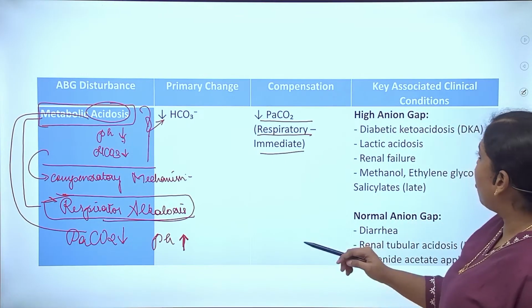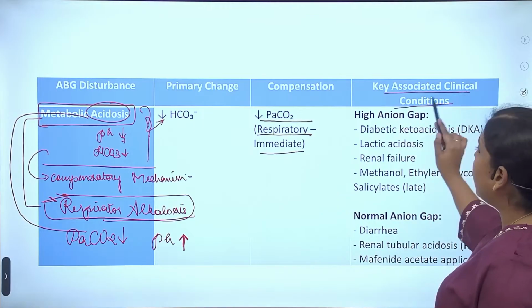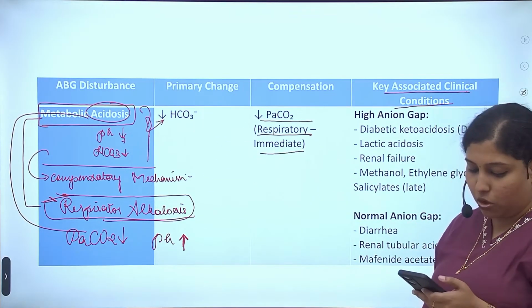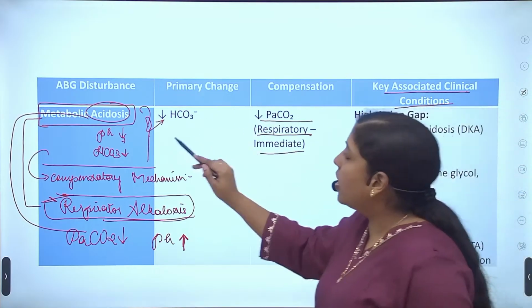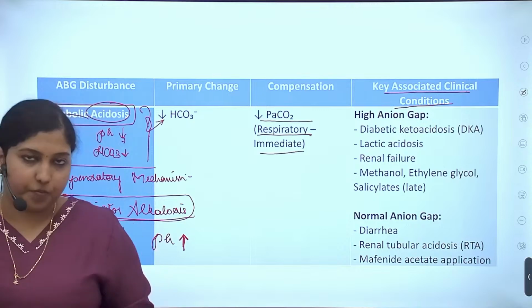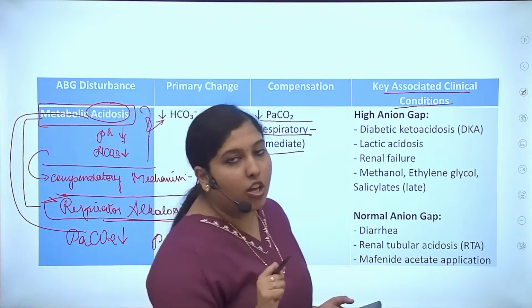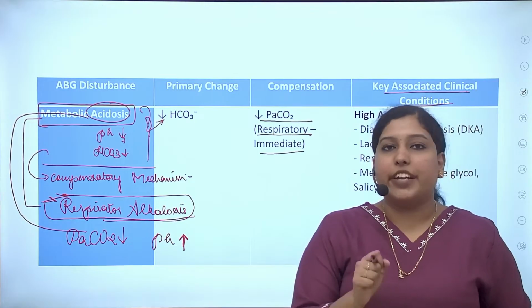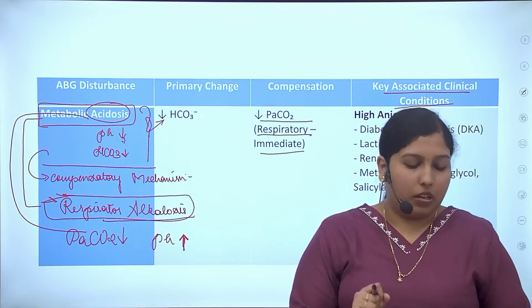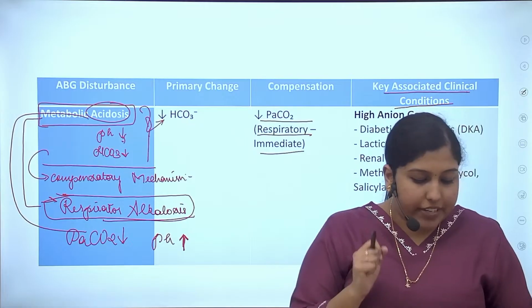Now we will talk about the key associated clinical conditions involved in metabolic acidosis. Please remember, only in metabolic acidosis, in order to identify the cause of metabolic acidosis, we are calculating the anion gap, right?